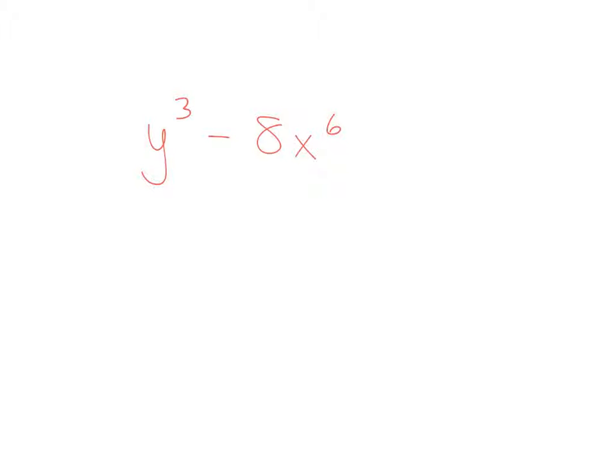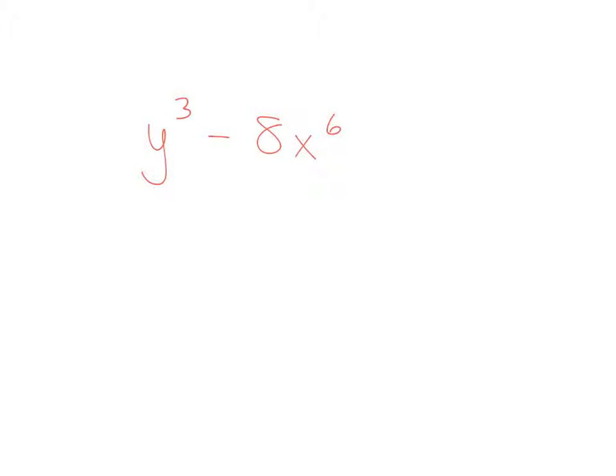Well, y is cubed, and then 8 is the cube of 2. And x to the 6th is the cube of x squared. Yes, very good. X to the 6th is the cube of x squared, because x squared cubed is 2 times 3 is 6.